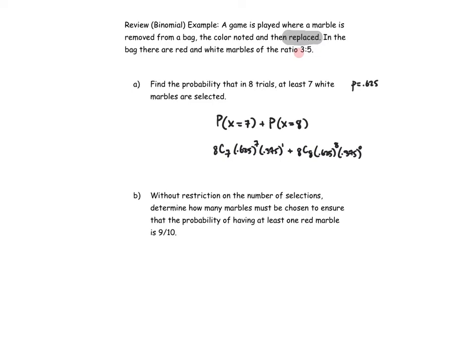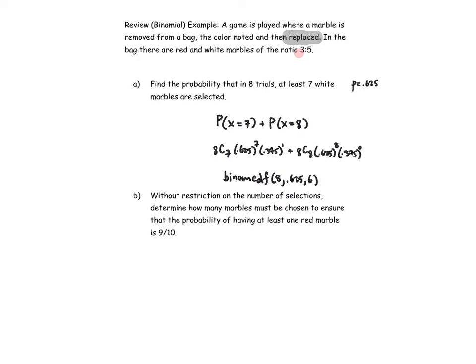What we want to do is use a binomial CDF. What we're going to do is add up all probabilities from 0 white marbles drawn up to 6 white marbles drawn, which would be the following. Binom CDF, and we would go 8 trials, probability of success 0.625, up to and including 6.